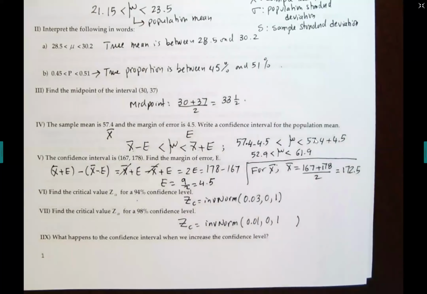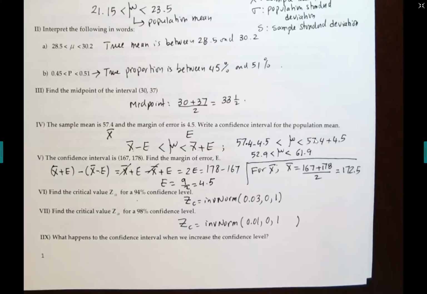Okay, question 8, guys. What happens to the confidence interval when we increase the confidence level? Does it become narrower or wider? Look, I can say I'm 100% confident, guys, that your scores on the test will be between 0 and 100%.